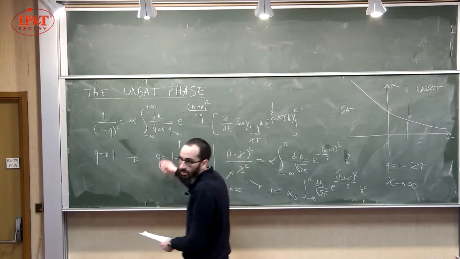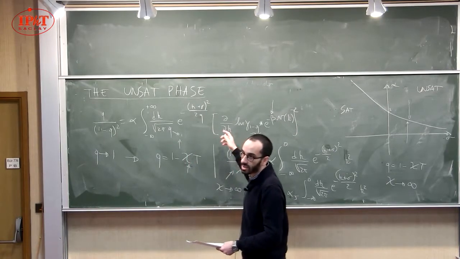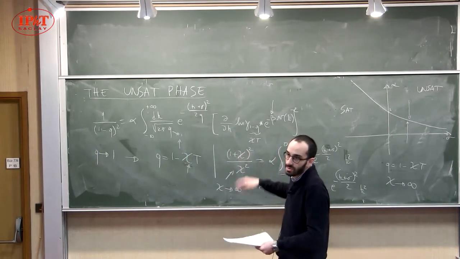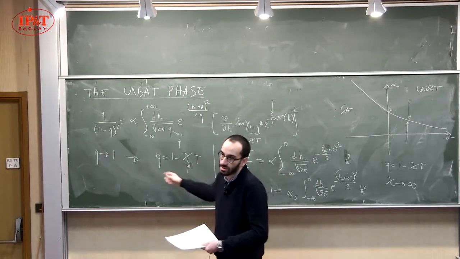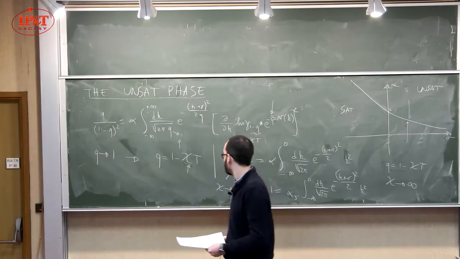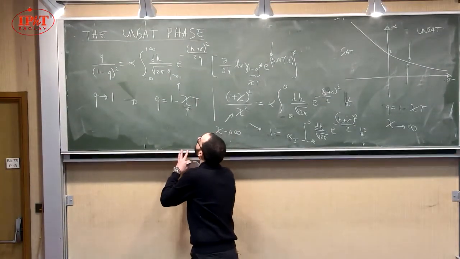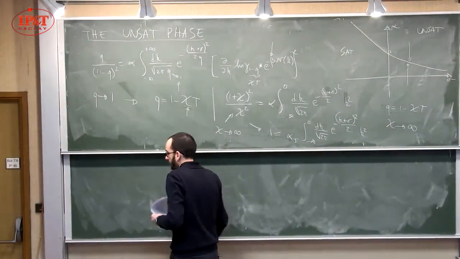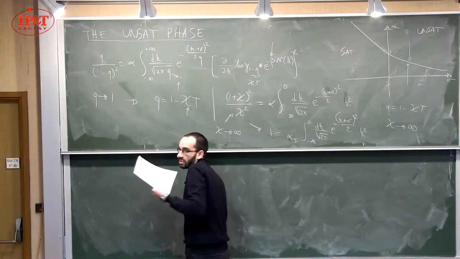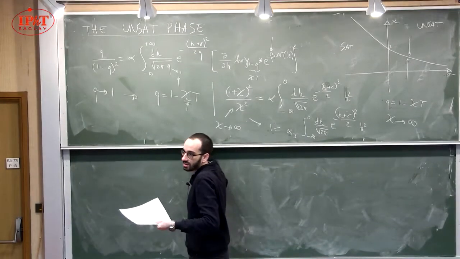And that's how this is analogous, when you are in the Unsat phase, to harmonic spheres, and that's how you get the scaling. But the way in which you see it is just plugging it inside the equation and seeing that it's consistent.